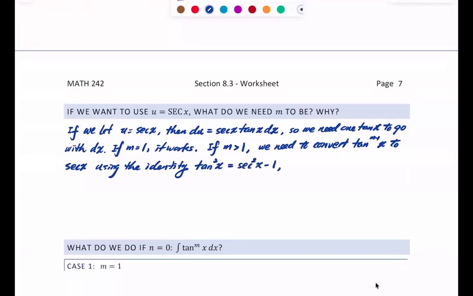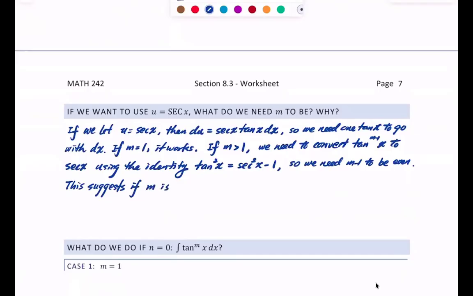Okay, so again, every time you need 2 to make it happen. So we need m minus 1 to be even. Okay, if m minus 1 is even, m is what?